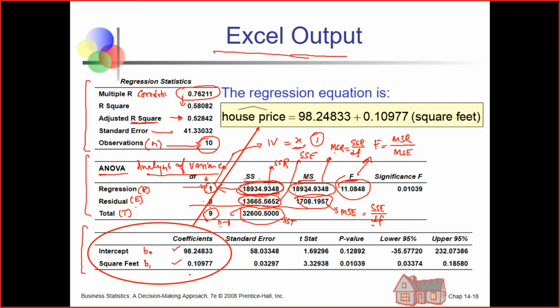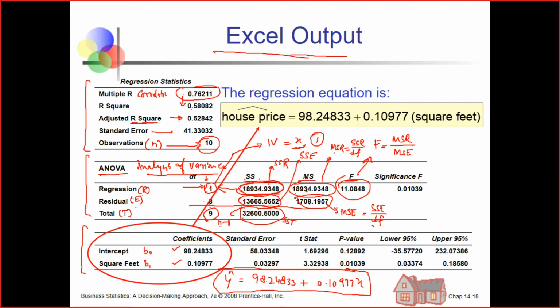You can check here directly and write your regression equation: 98.24 plus 0.10977x. So with the help of Excel, you can directly write your regression line.